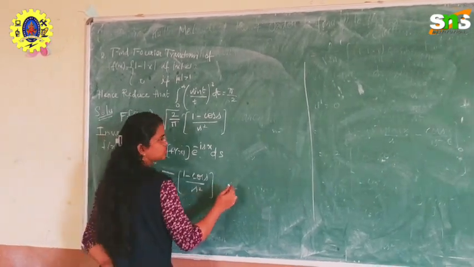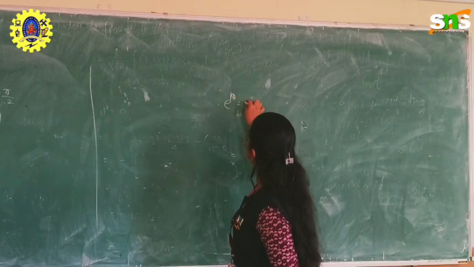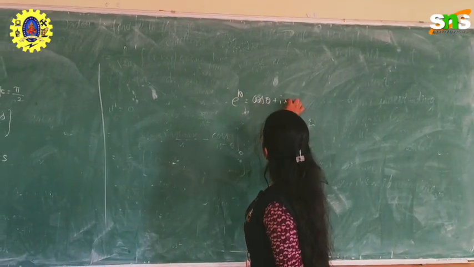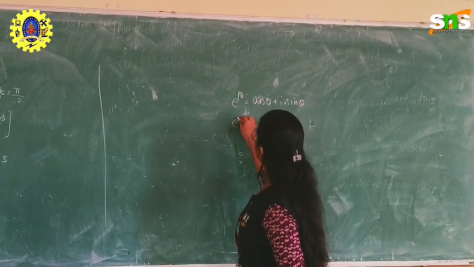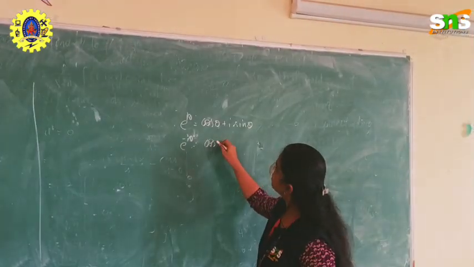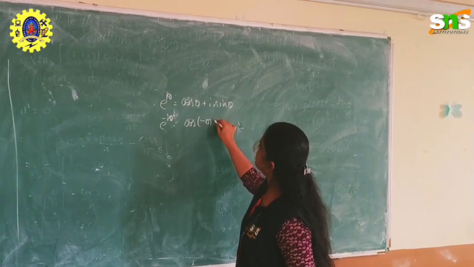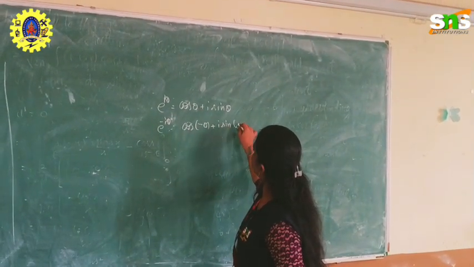cos theta minus i sin theta. Now I'm going to explain this: e power i theta is cos theta plus i sin theta. If you replace theta by minus theta, what do you get? Cos of minus theta plus i sin of minus theta.